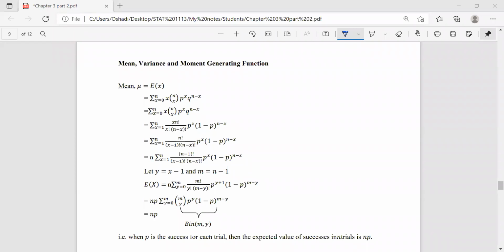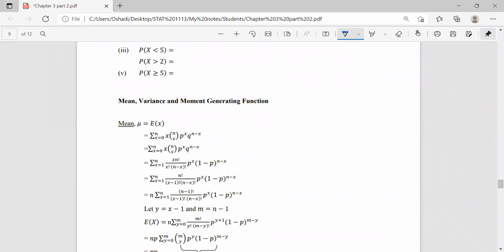Expected value of x is the mean of the distribution.